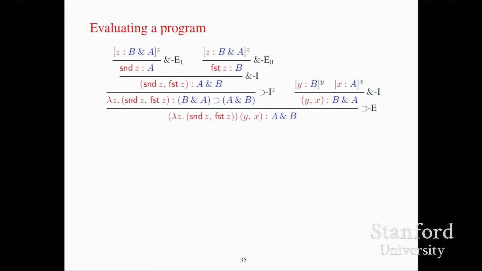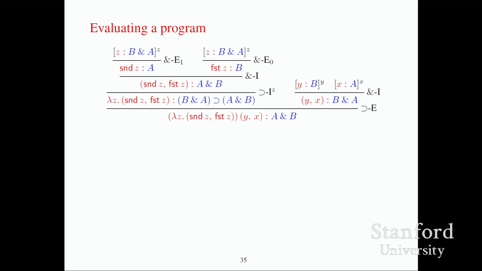And let's just look at an example of a program. So here's this function that we just gave the type of. And let's apply it to some pair, let's call it (y, x), where y has type B and x has type A, so that'll be a BA pair. So now here's our function applied to (y, x), and we want to evaluate that.